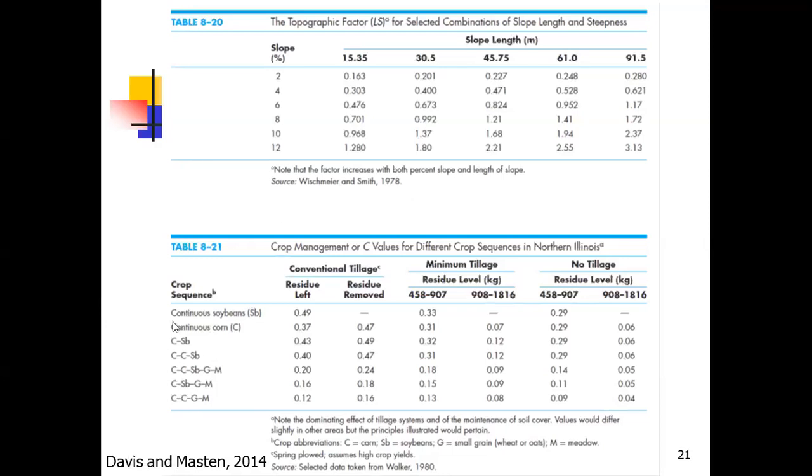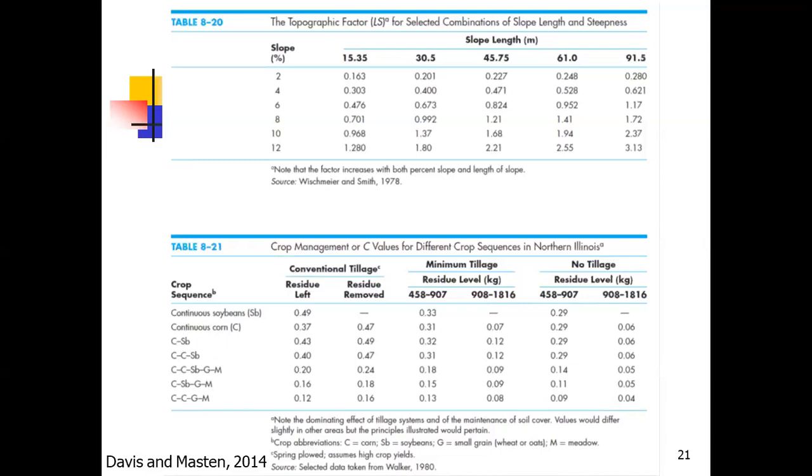So here you have the first two cases where you have single crops, soybeans and corn. Then you have corn and soybeans, one after the other. Then you have corn, corn, soybeans, corn, corn, soybeans, and small grain and meadowlands. So these are some of the practices that are encouraged in both soil conservation as well as agricultural management.